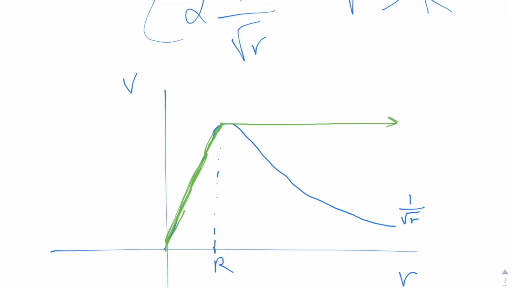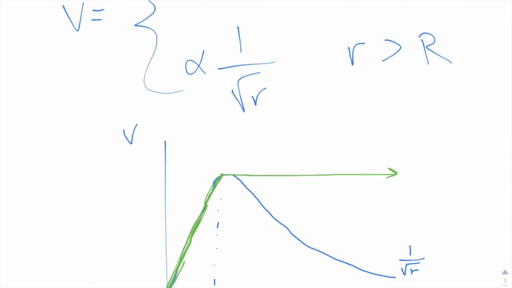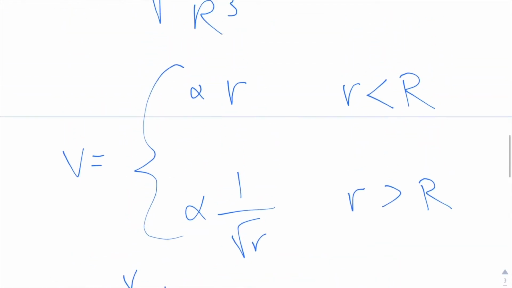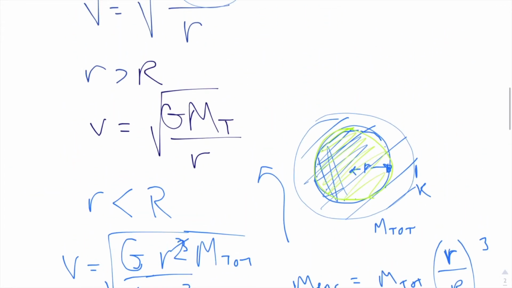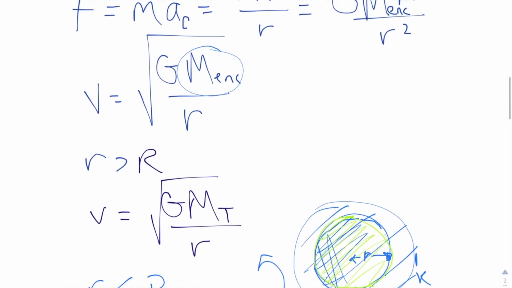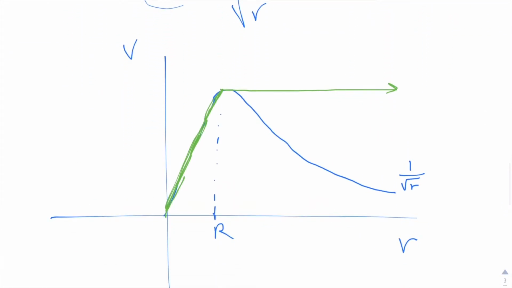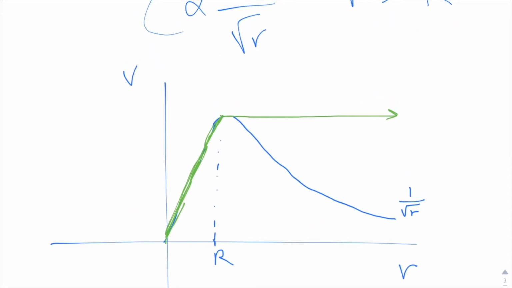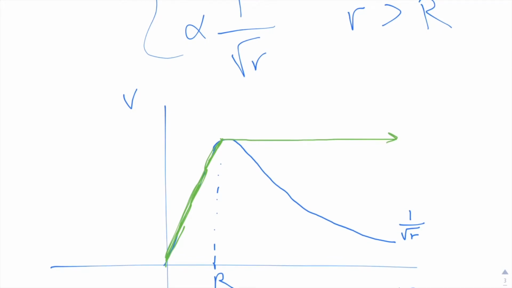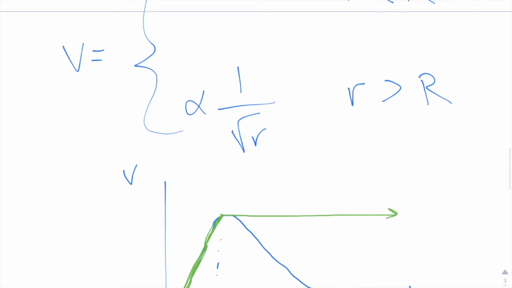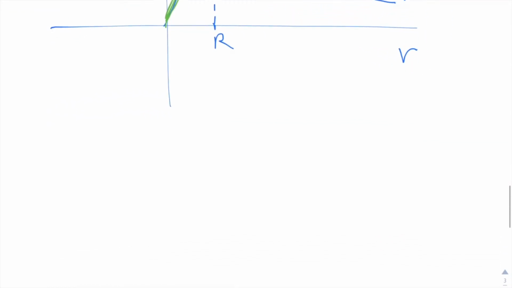Instead, they essentially remain constant, which implies that one of our assumptions is not correct, namely that the mass is not all concentrated inside this radius R, that there must be mass that we're not seeing, or mass that is somehow affecting the gravitational force outside the central mass distribution.